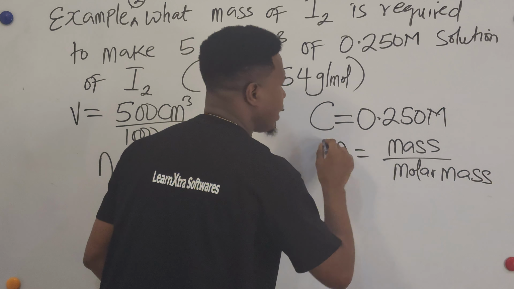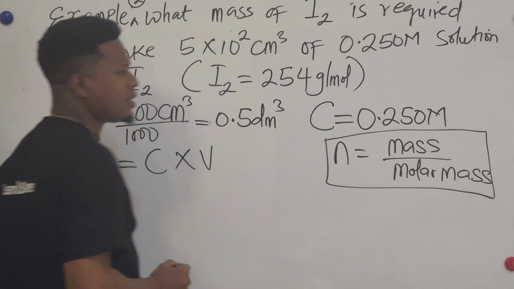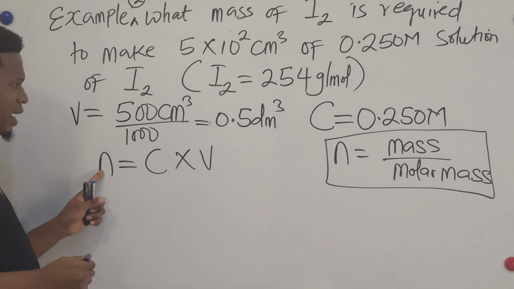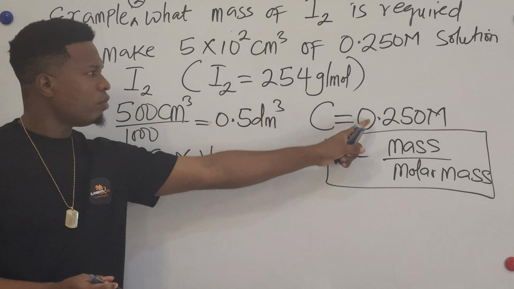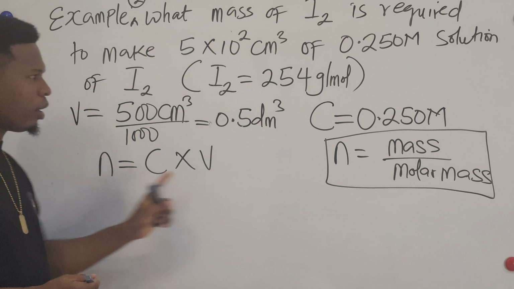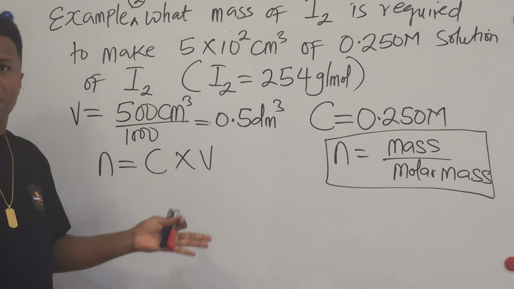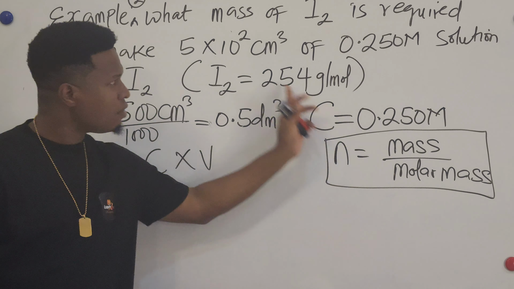This equation can help us get the mass. If we can get this n using these two values, we plug in this value here, make the mass subject, we get the mass. The molar mass was given as 254.